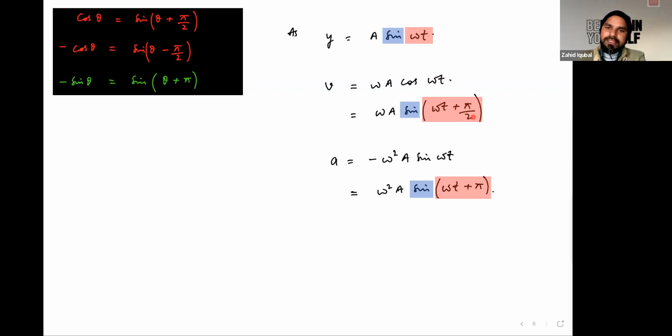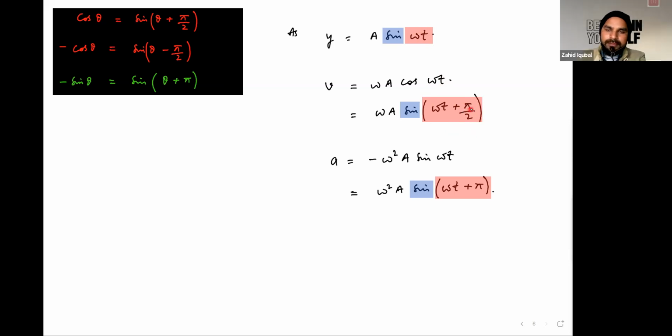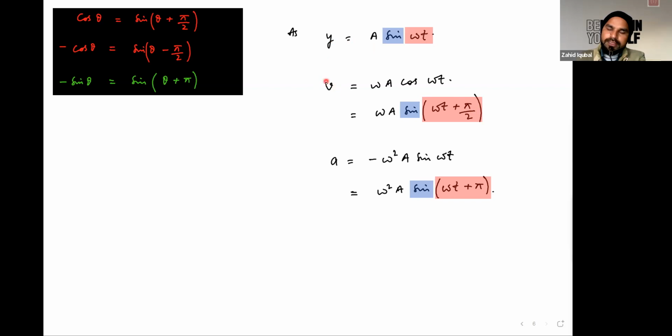Is there any difference between this angle and this angle? Yes, sir. By how much? Sir, by pi by 2. Okay. So we can say displacement and velocity differ in phase by pi by 2.